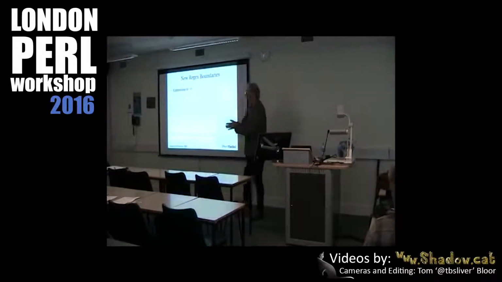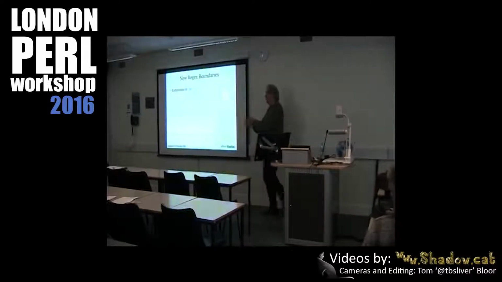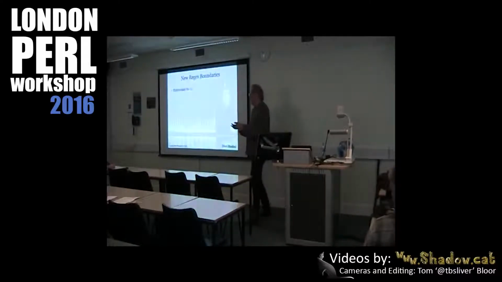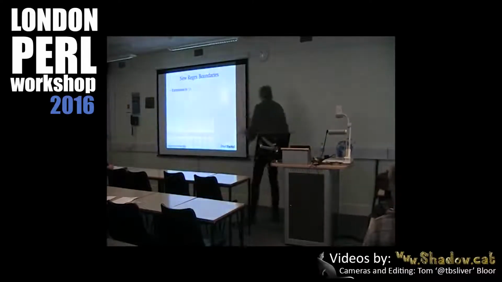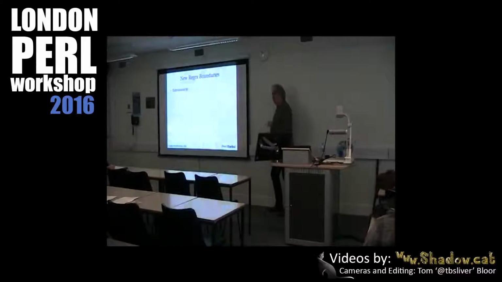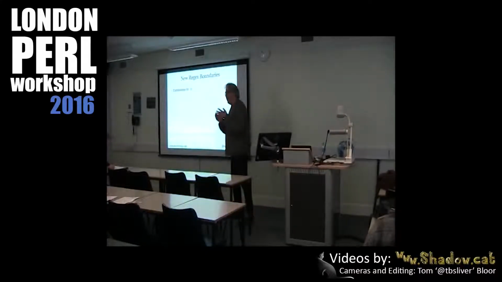\w is a word character, and it's defined as the valid characters in a Perl identifier, which is all alphanumeric characters plus the underscore. That's it. \W is everything else. So a \b, the word boundary character, is any point in your string where a word character is followed by a non-word character, or vice versa.